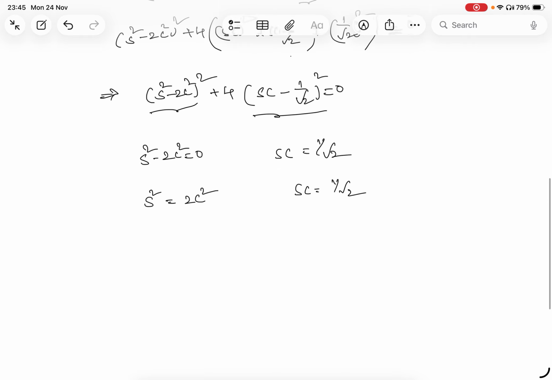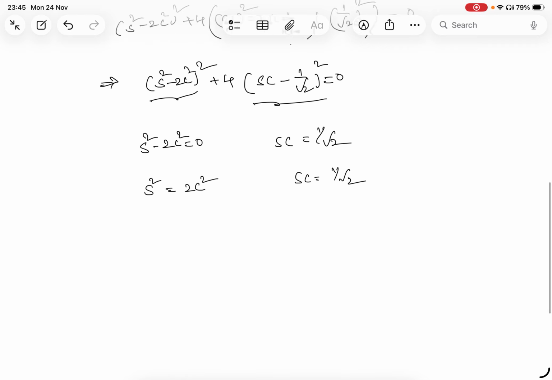These are the two conditions, and we need to evaluate the values of α and β. Now if you square this, it becomes S²C² = 1 by 2. As you can see here, S² = 2C², so S²C² can be written as S² into S² by 2.